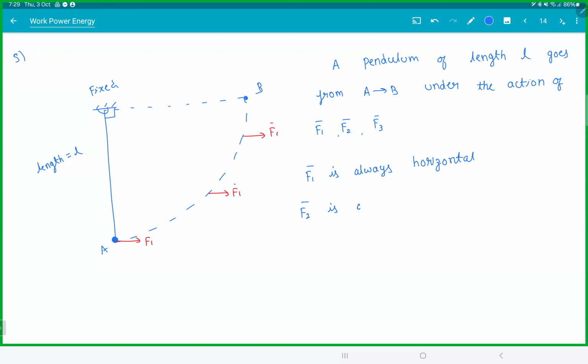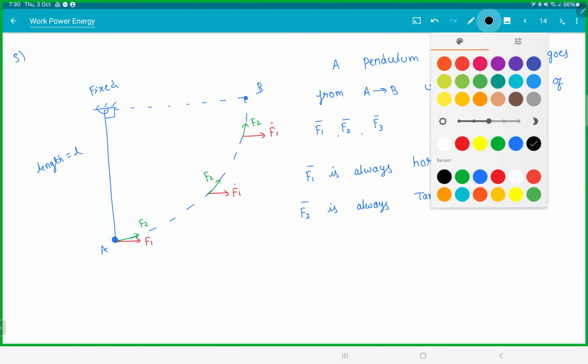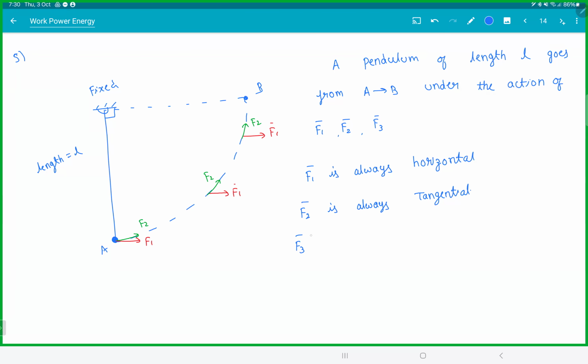F2 is always tangential. Meaning when you're here, F2 is like this, F2 is like this. So F2 is along the arc. F3 is always directed towards B.